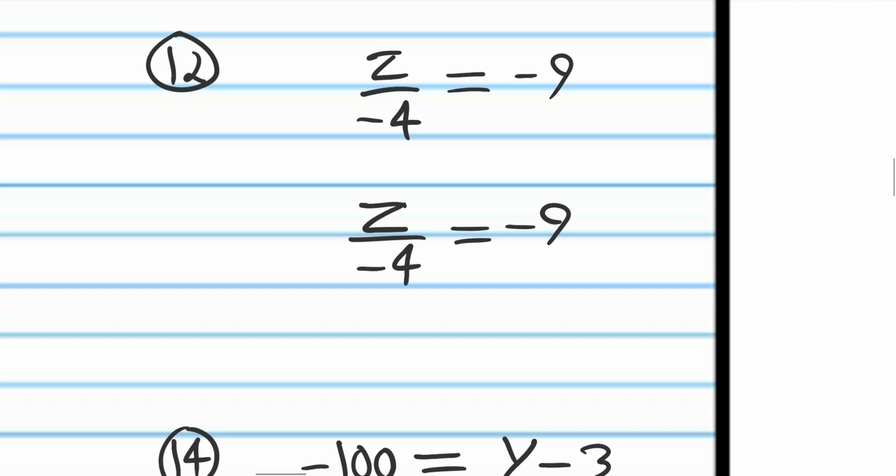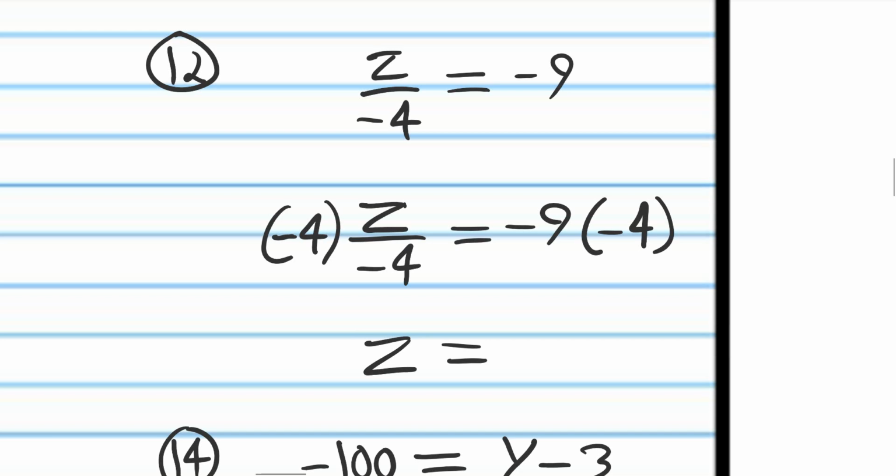Do you remember how we show multiplication in algebra? We show multiplication with parentheses. So we have to multiply both sides by negative 4. So now those negative 4's on the left side of the equation cancel out. You're left with z, and negative 4 times negative 9, what do you think that would be? If you said 36, good job.